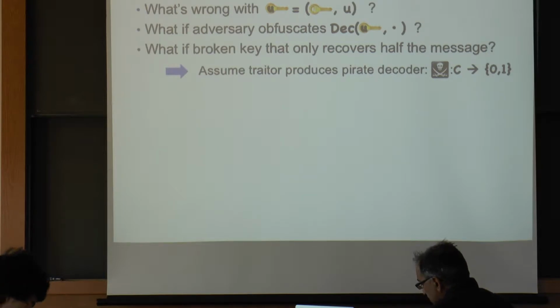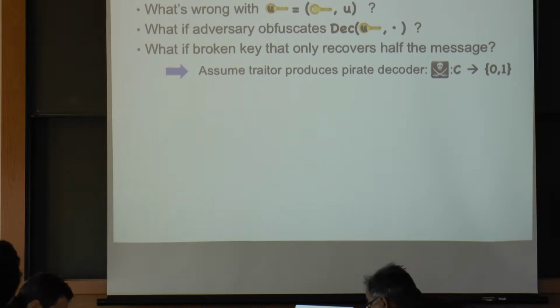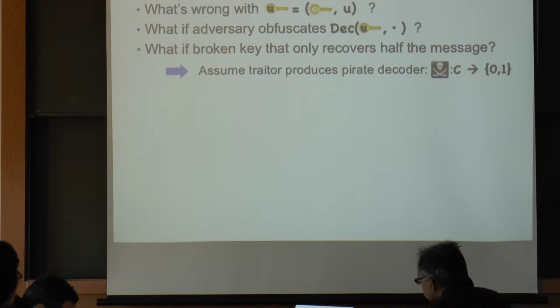So what we're going to do is assume that the traitor, rather than producing a key, is actually going to leak a pirate decoder, which is just some arbitrary function that takes as input a ciphertext and outputs just a single bit. So we want to even consider the case where the pirate decoder only leaks a single bit of the plain text.